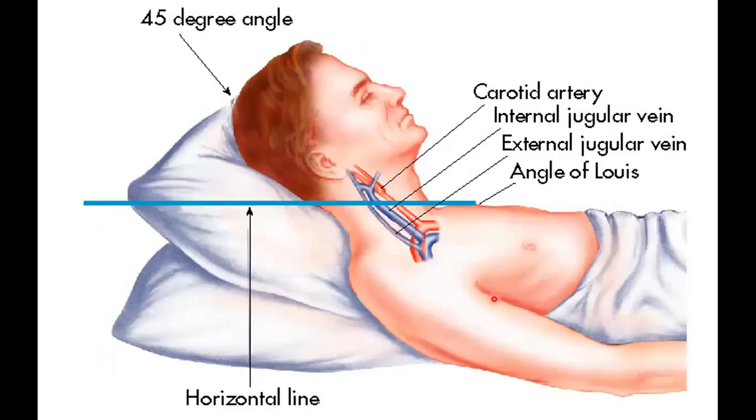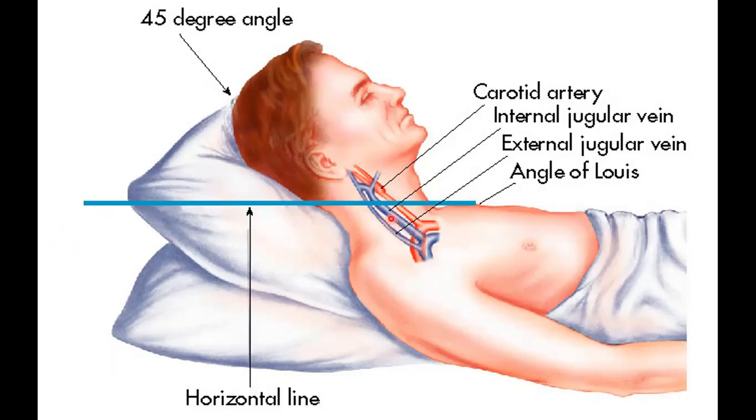So what exactly are we talking about? Your patient should lie flat, as you can see in this diagram, then locate the angle of Louis, and then you can draw an imaginary horizontal line from the angle of Louis.